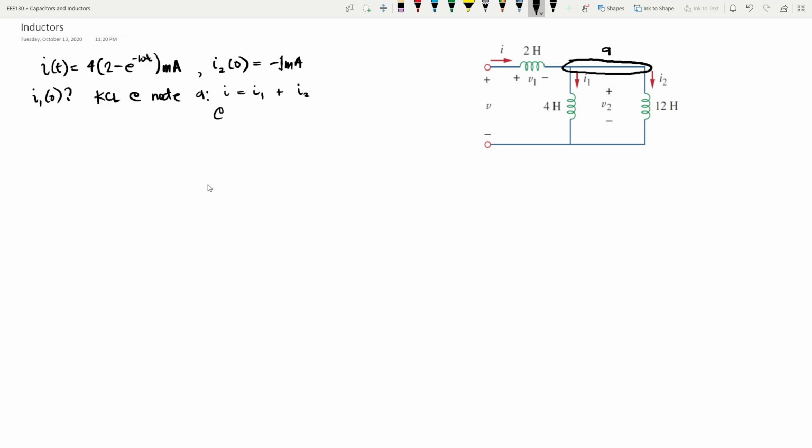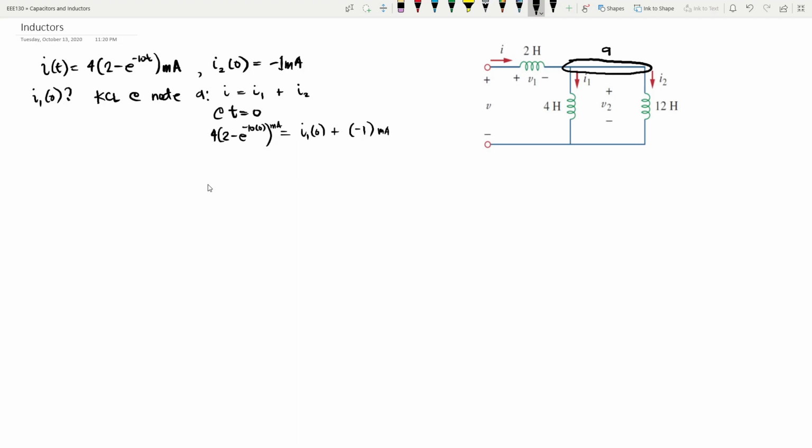So we have at t equals 0, we have 4 times the quantity 2 minus e to the negative 10 times 0 equal to I1 of 0 plus I2 of 0, which is just negative 1. So this is in milliampere.